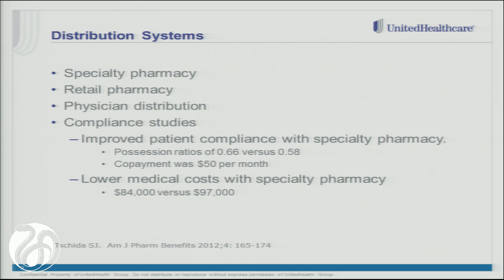And finally, we get to the issue of distribution systems. These are not little tiny pills that sit on the shelf for a while. They have extensive half-lives and they are very expensive, so somebody who stocks them has to invest a lot of money, thousands of dollars, to put that jar on their shelf. Okay? So as a result, you're not seeing a lot of retail pharmacy work here.